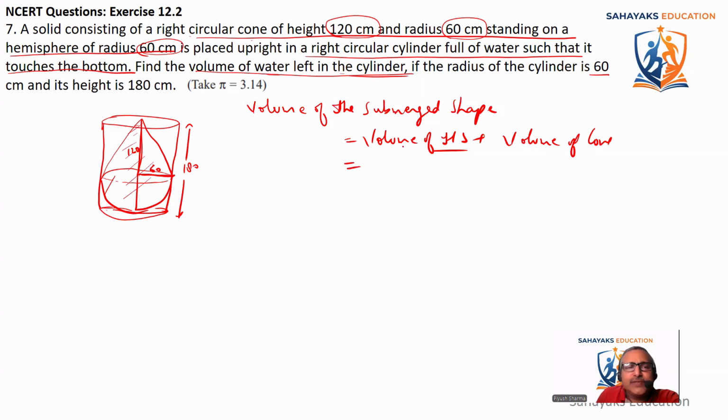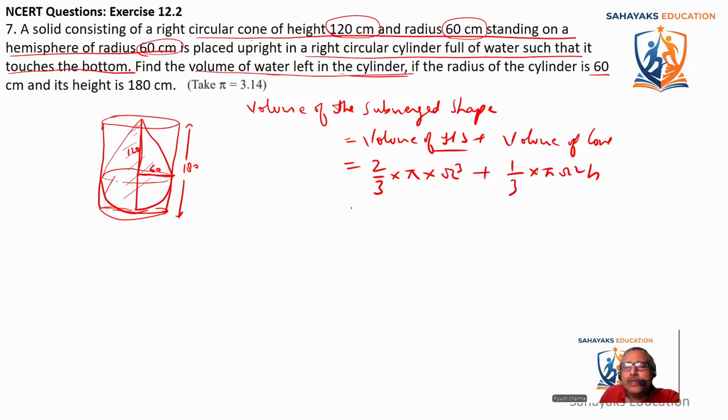What is the volume of hemisphere? Volume of hemisphere comes out to be 2 by 3 into pi into r cube. I just write it as r cube only. Plus the volume of cone is 1 by 3 into pi into r square, r is same, into h.